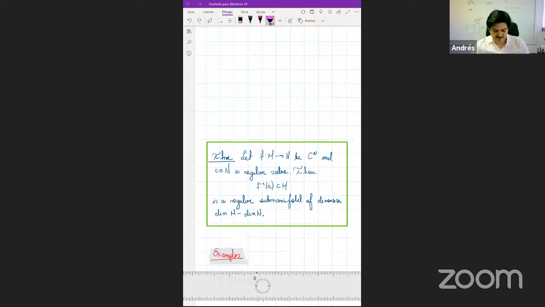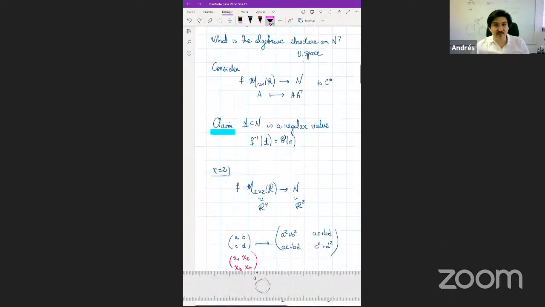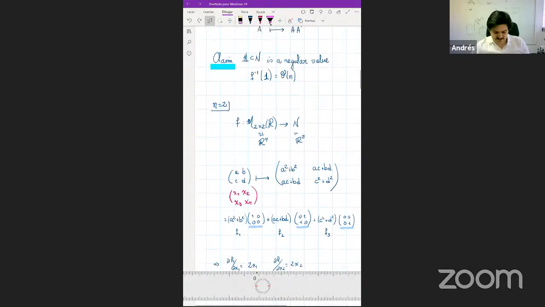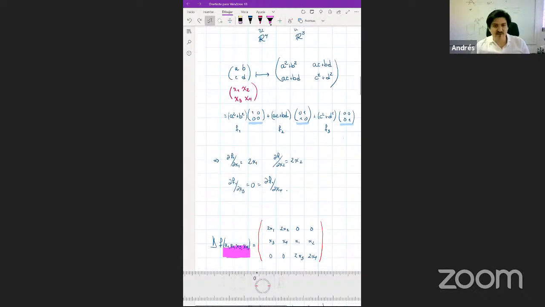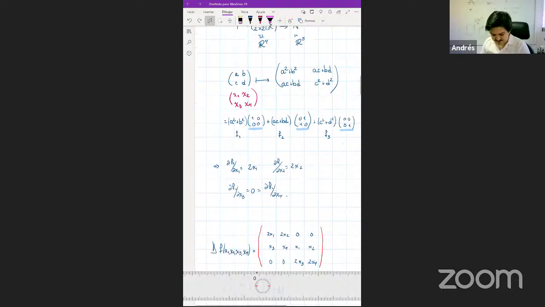In order to be a regular point, the differential has to be surjective, or this matrix needs to have rank 3 at every point in O2.